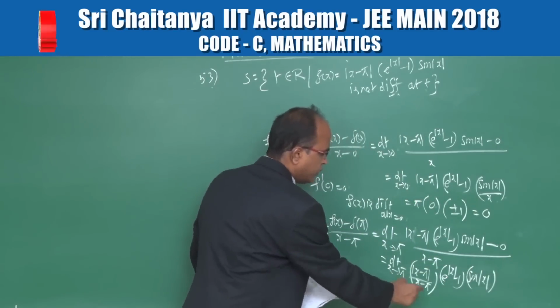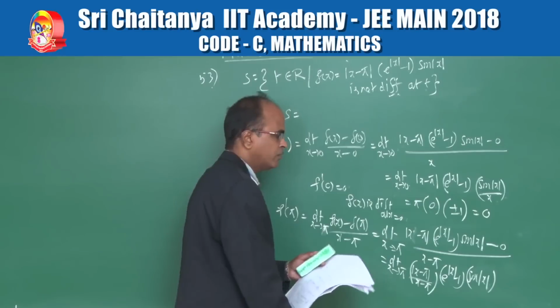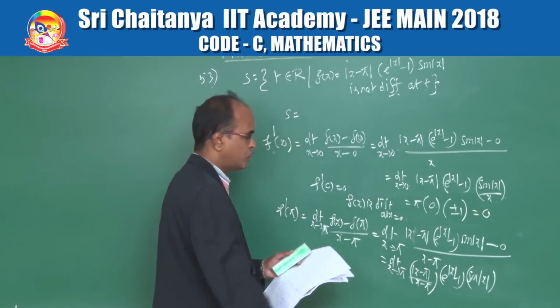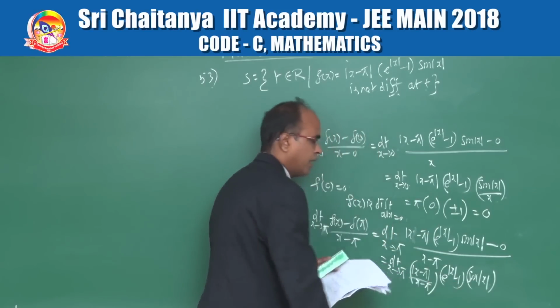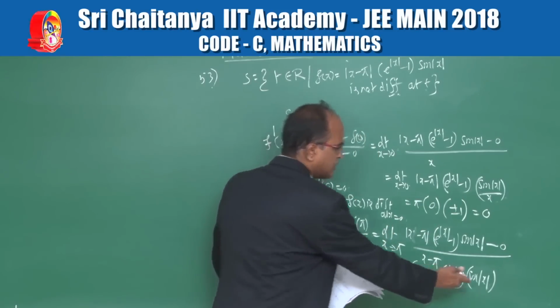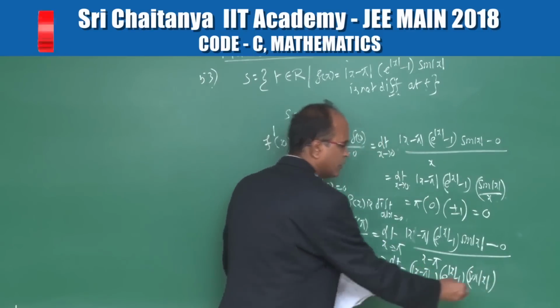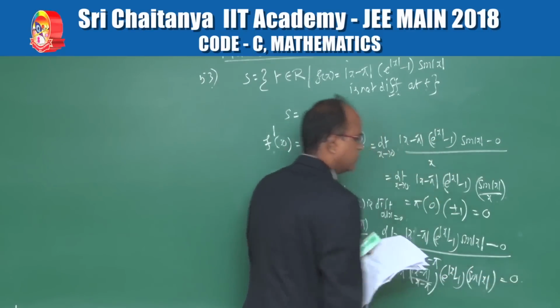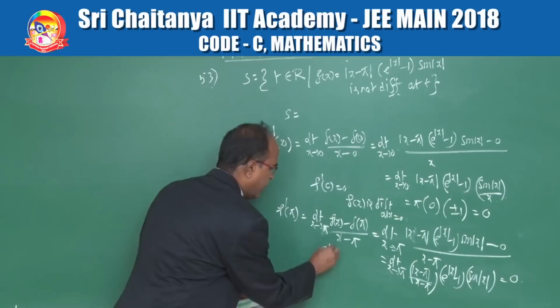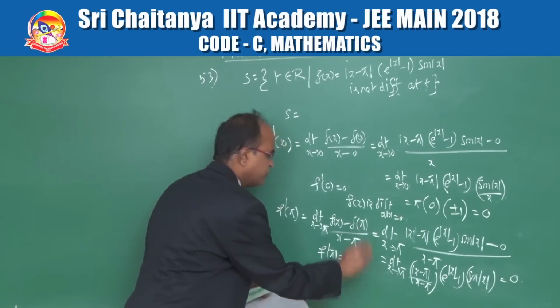When x tends to pi, this value will be either plus or minus 1 depending on the right or left approach, and this will be e power pi minus 1, but this will be sine mod pi, which will be 0, and that is why this limit will be 0. Therefore f dash pi is also 0.